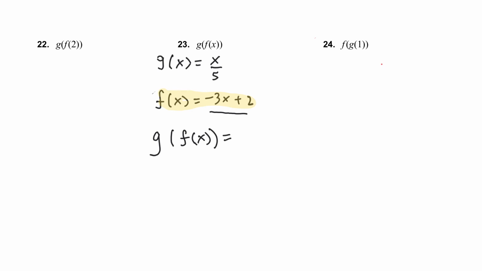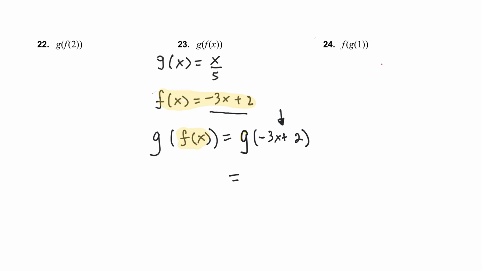In this case, it is f of x, which is negative 3x plus 2. So what you're going to write on your paper, you're going to write g, and then in that parentheses, what you're passing in, you're going to write negative 3x plus 2. So this is your input. Your input is an expression, negative 3x plus 2.